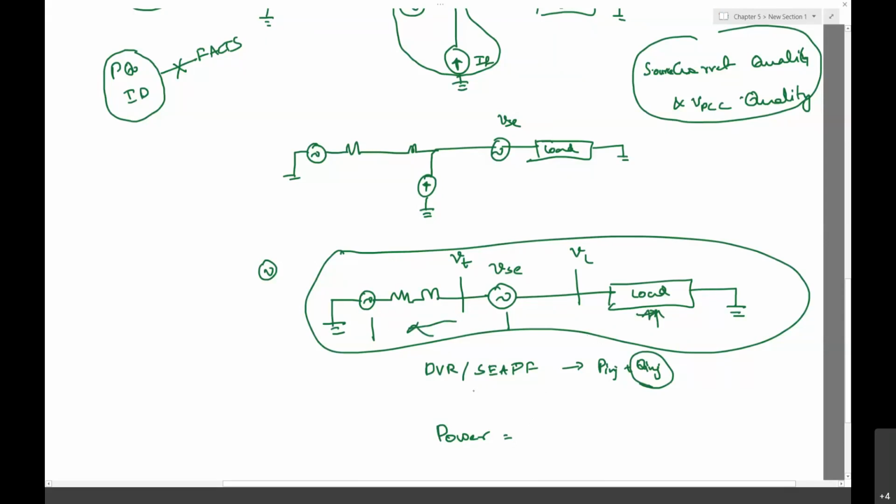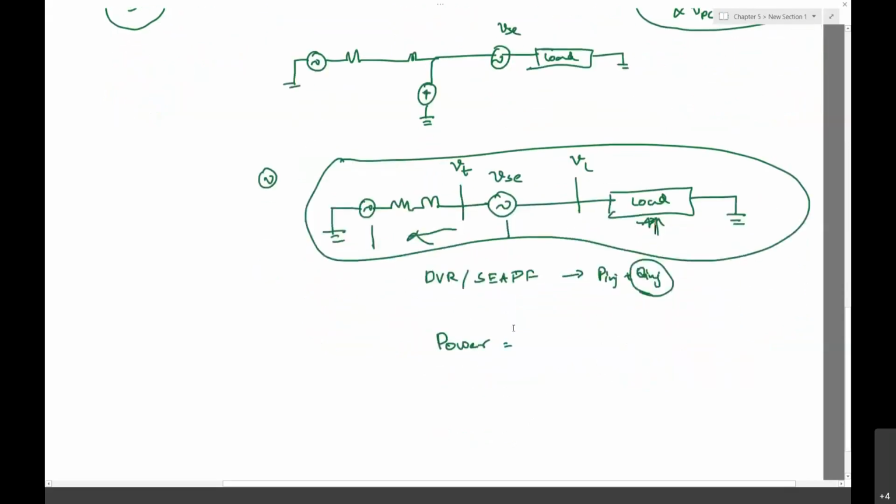Now, when the DVR is operating, especially we have a combined VT, and this is the device. I'll draw out the device also because you will get much more clarity. There is a capacitor, and then we have an inductor over here.